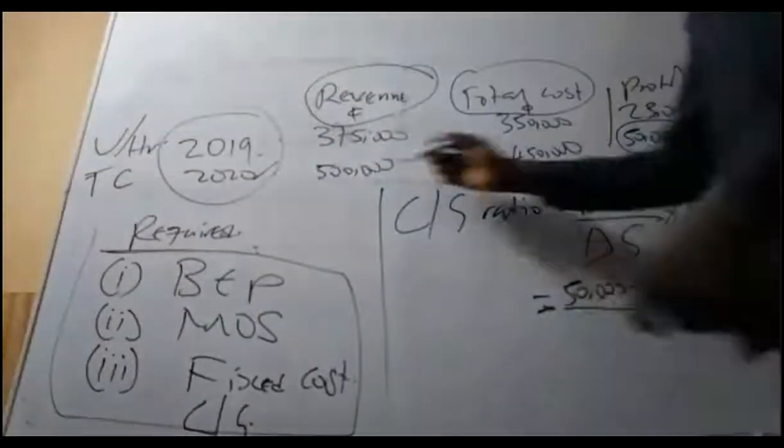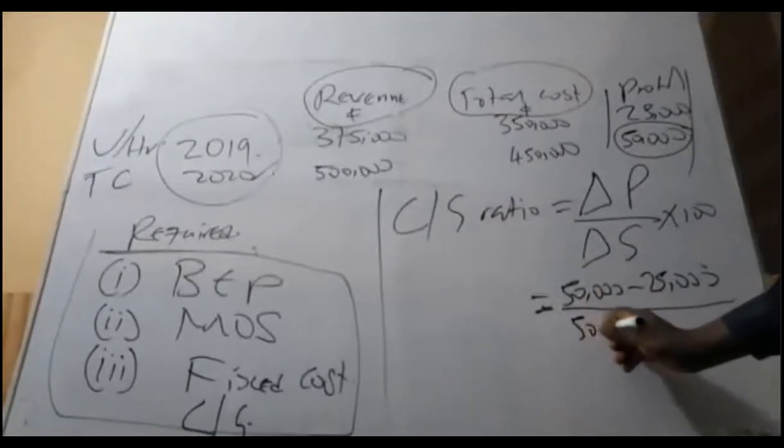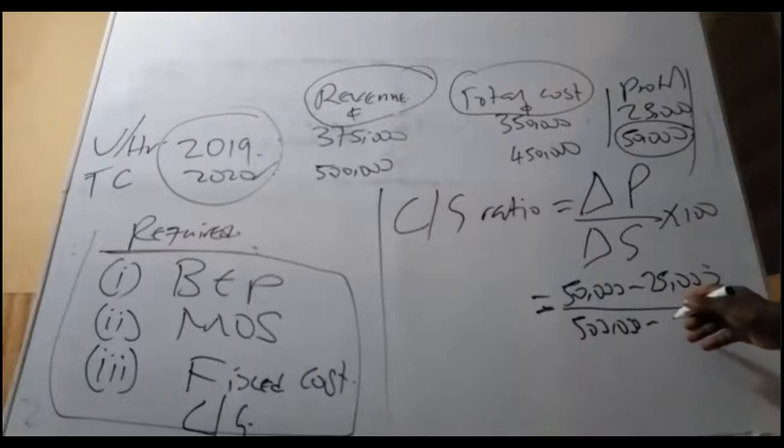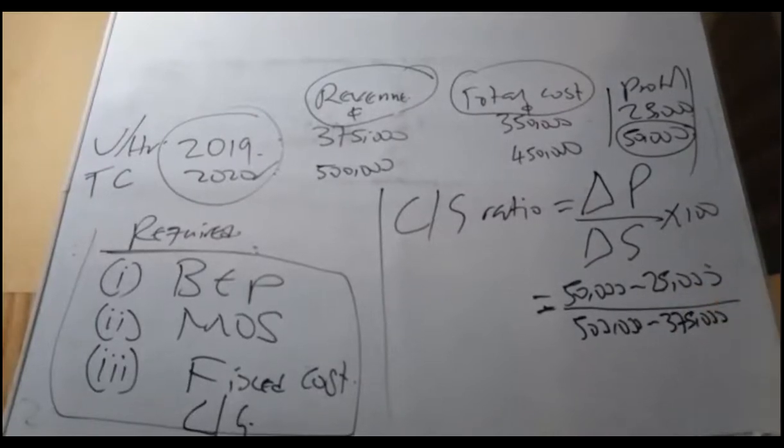So the new sales will be 500,000, right? Minus the old sales, which is what? 375,000. So therefore, times 100, right?